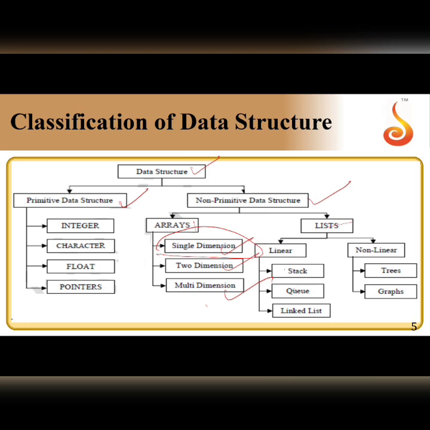1D array. Then again in list you have linear and non-linear, like the relationship between the elements, linear relationship. These elements will have a hierarchical relationship among them. So linear, in that we'll be doing stacks.